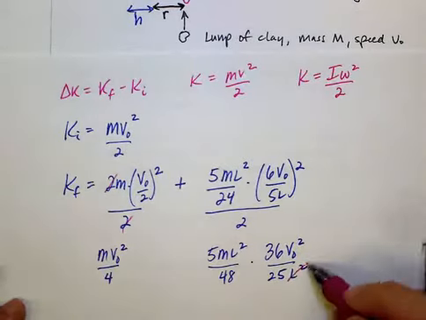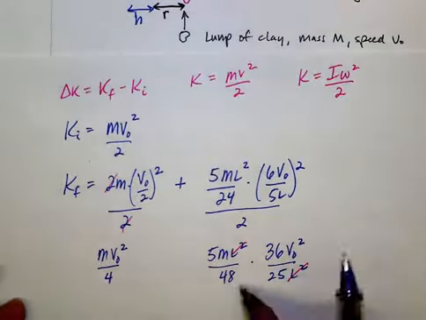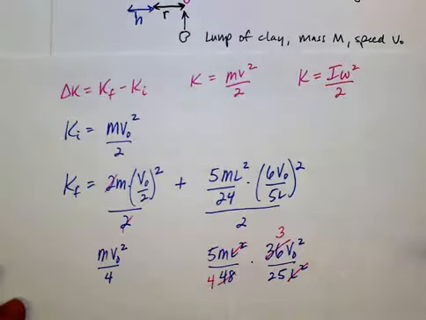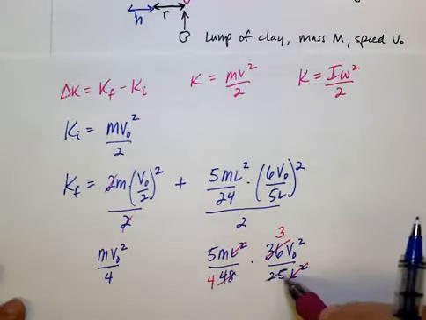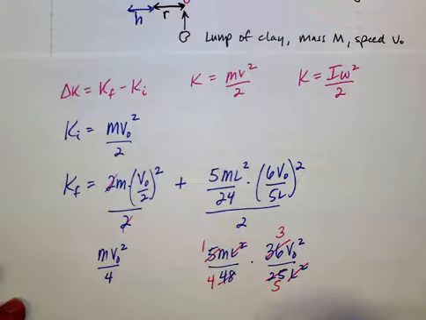So we've got an L squared and an L squared, that's good. I'm down to the variables I'm expecting. 48 and 36, they have a 12 in common, so let's reduce that. 5 and 25 have a 5 in common. And so this can be rewritten as 3 m v sub o squared over 20.